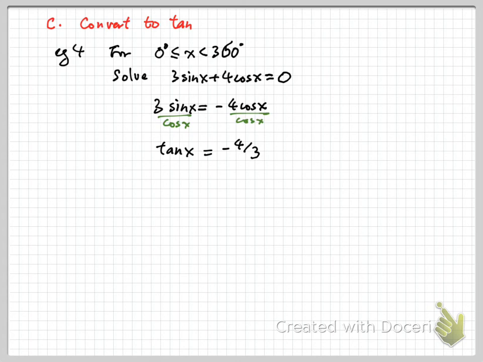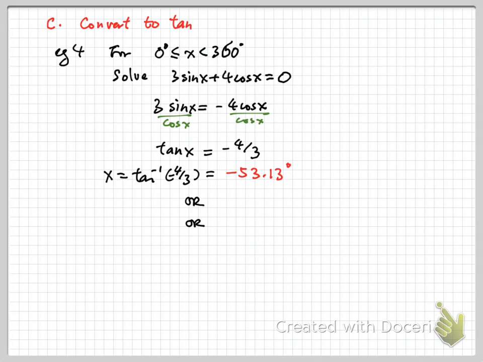Alright. So it's time to take up the calculator. X will be arctangent of minus 4 over 3, right? The calculator will give you the value minus 53.13 degrees, alright? But now you know we do not use this answer because it is not within our range. So we have to look at the alternate values.